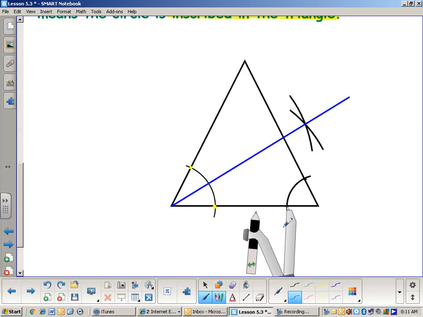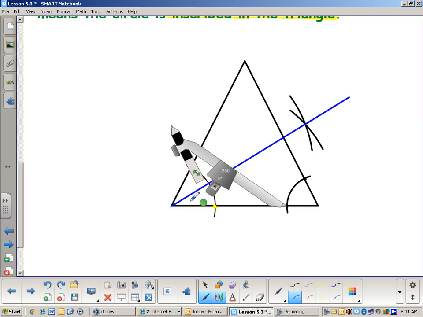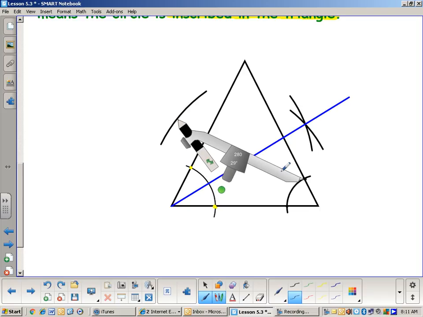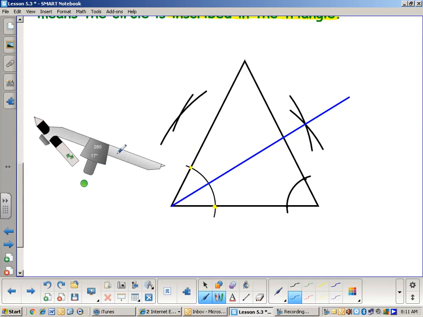And I go to those points, I pick any arc. Okay, I'm going to go way out here again, so it's not in the middle of my triangle. I come over here. I do the same thing. Okay, and then I draw my angle bisector.